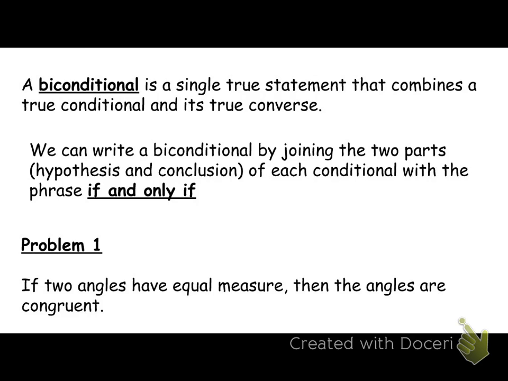Courtney, what's the converse of this statement? If the angles are congruent, then they have equal measure. Correct. If the angles are congruent, then they have equal measure. That would be our converse.